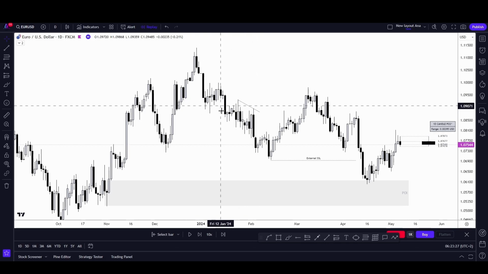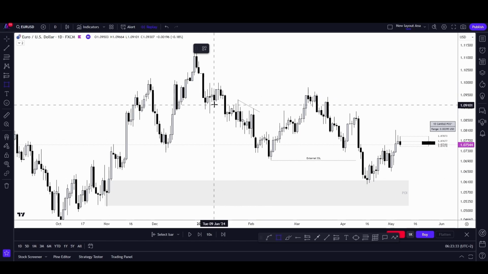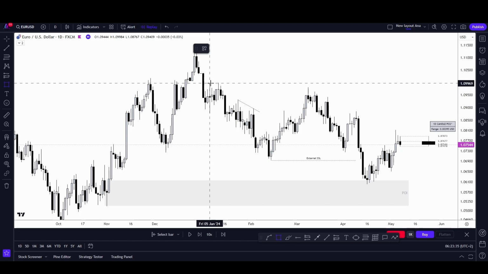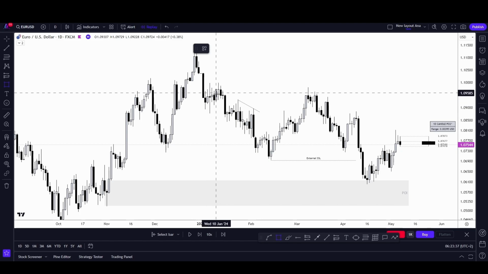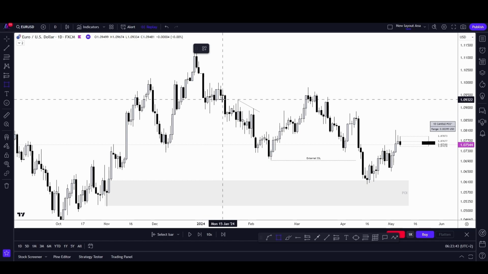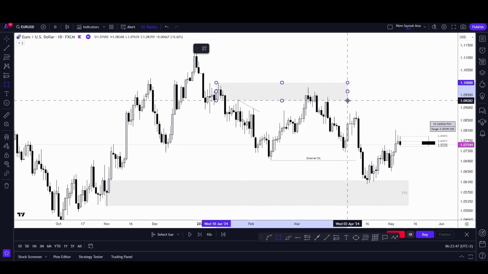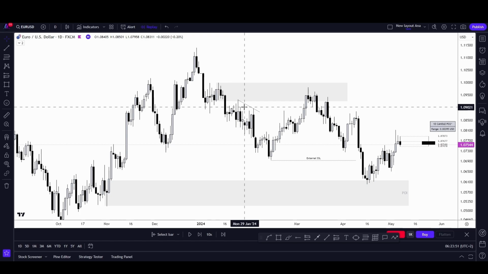So for example, here the structure is not perfect. So even though this zone here had relative equal highs above it, we respected it, and we can see that we had an order block here, and we had a fair value gap as in the example that I showed previously.